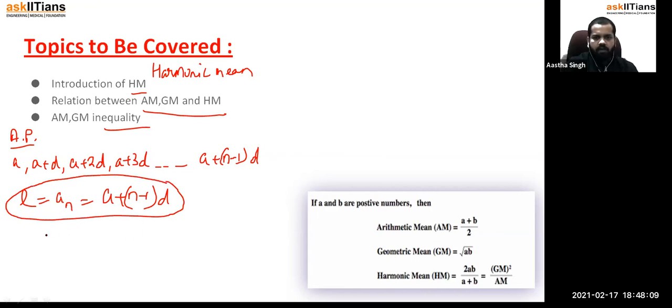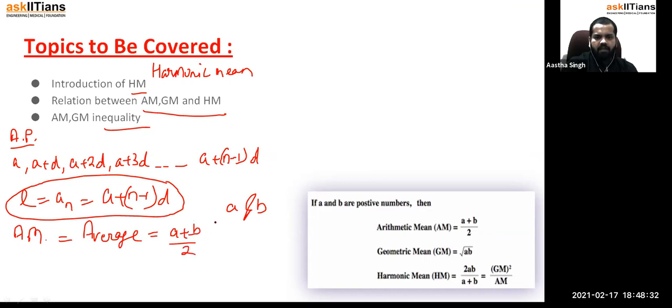Now we are talking about the arithmetic mean between two numbers. Suppose the two numbers you have taken are a and b. The arithmetic mean is just the average, and the average of a and b will be a plus b upon 2.